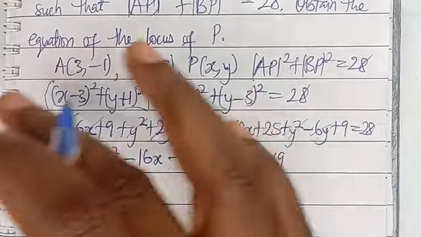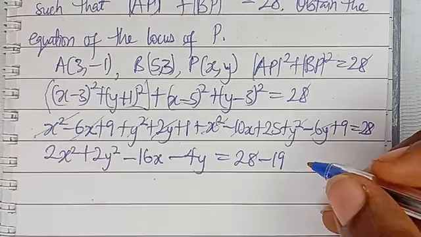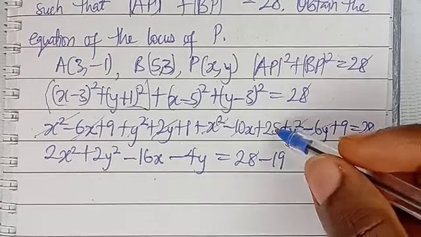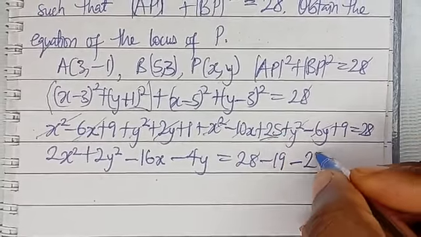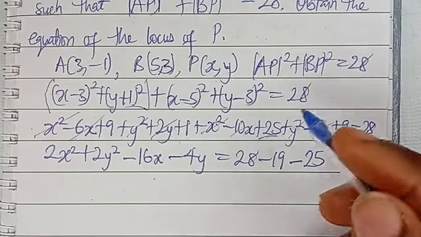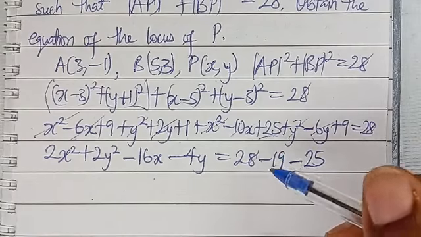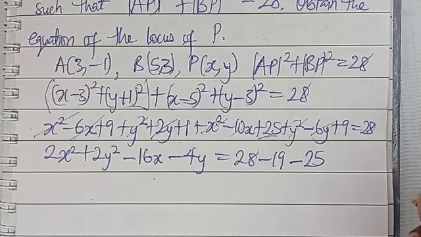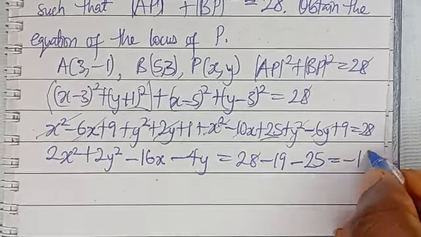Let's collect it on this side. Now 28 minus 19. Oh, there is one more value we didn't collect. That's this 25. That makes it 28 minus 19 minus 25. 28 minus 25, that is 3. Minus 19 plus 3, that is equal to minus 16.